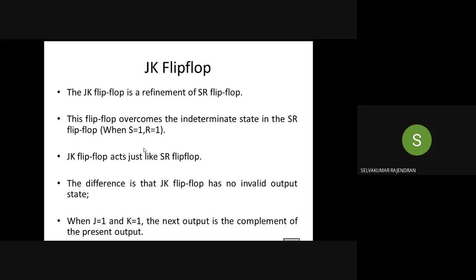Initially we assumed Q equal to 0, Q bar equal to 1. Now, because of the input 1, 1, this data will be complemented. So Q goes to logic 1, Q bar goes to logic 0. So when you are applying logic 1 on both inputs, the output of Q will be the complement of the previous state output.